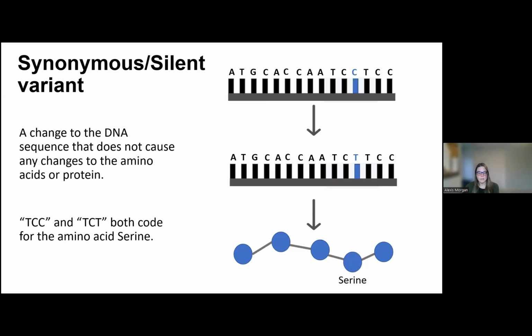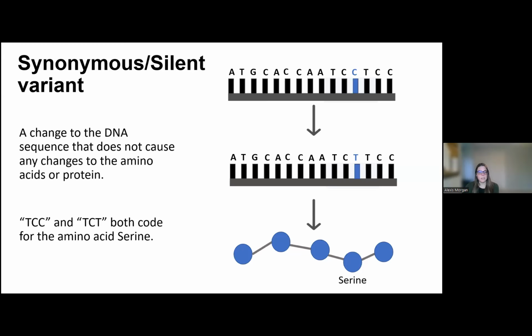So in the example on the slide, the sequence nucleotide, C, was changed to a T. But both TCC and TCT code for the same amino acid, serine. Since they both code for the same amino acid, it doesn't change the protein, and the protein continues to function as expected.